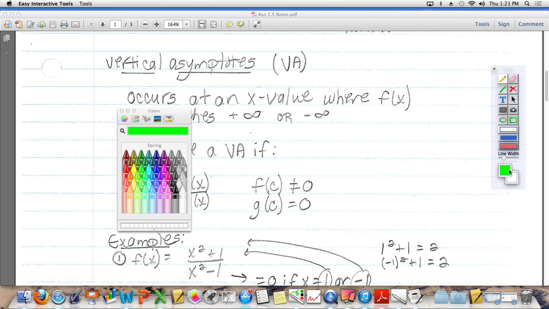Let me change my pen color first. Uh-oh. What am I doing wrong, you guys? It's okay.